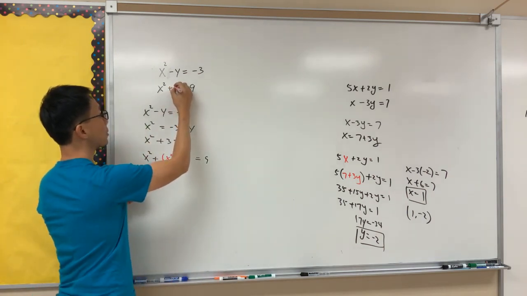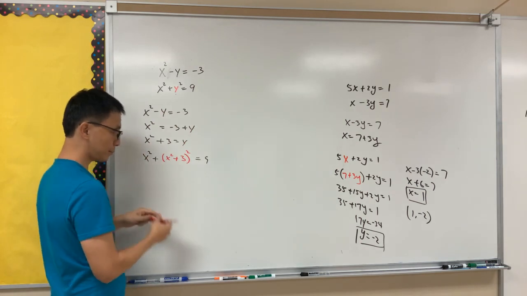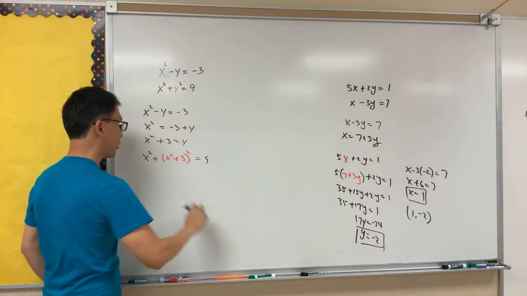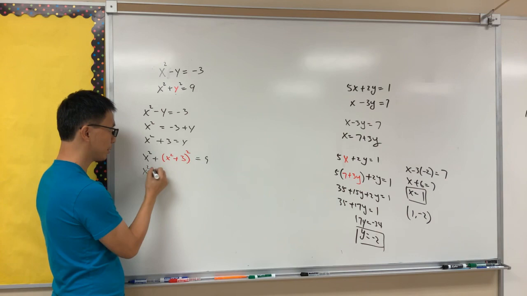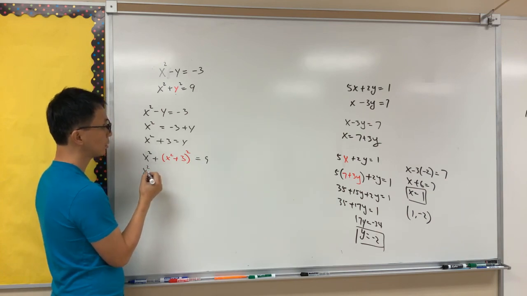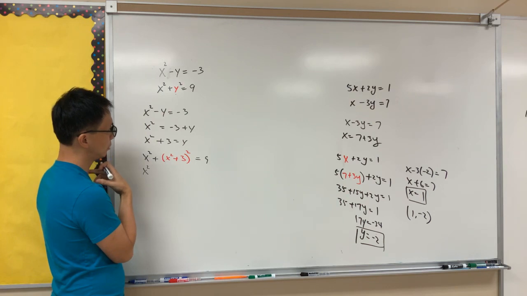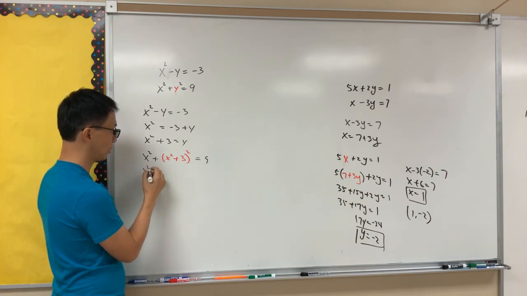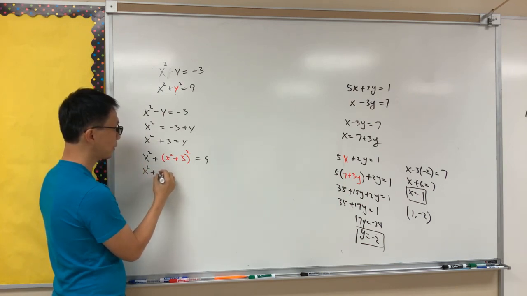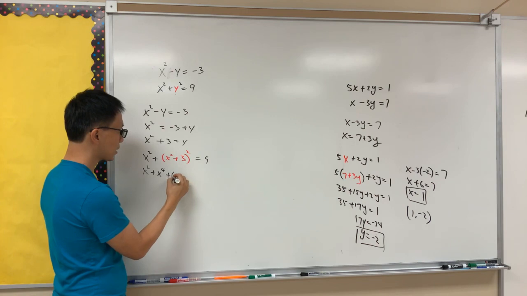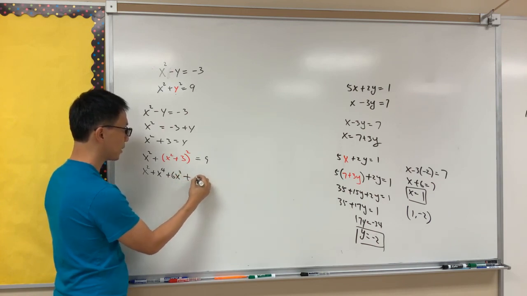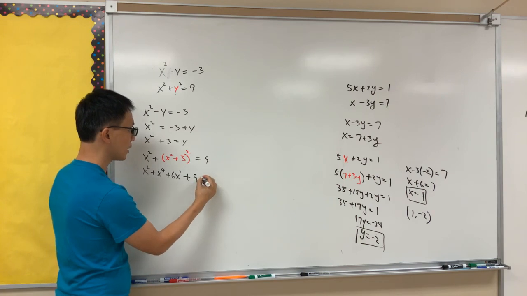I don't kill any puppy. So x to the 4th plus 6x squared plus 9 is equal to 9, right?